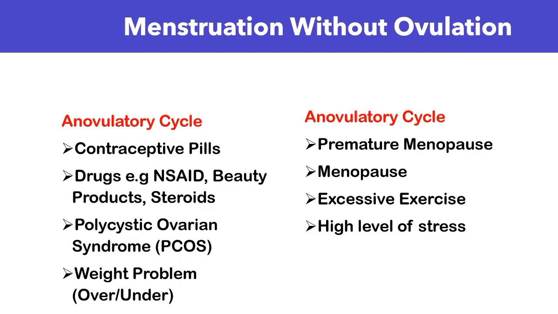There's another condition that we call polycystic ovarian syndrome. This syndrome results in the excessive production of some hormones, the estrogens and the male hormone that we call testosterone.